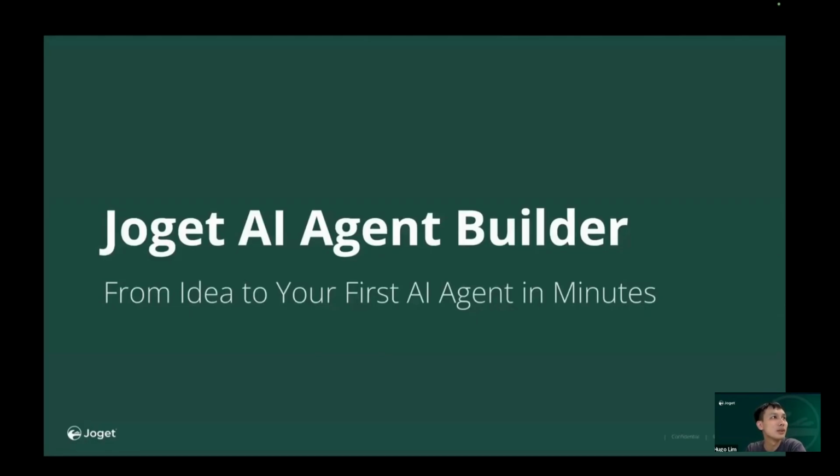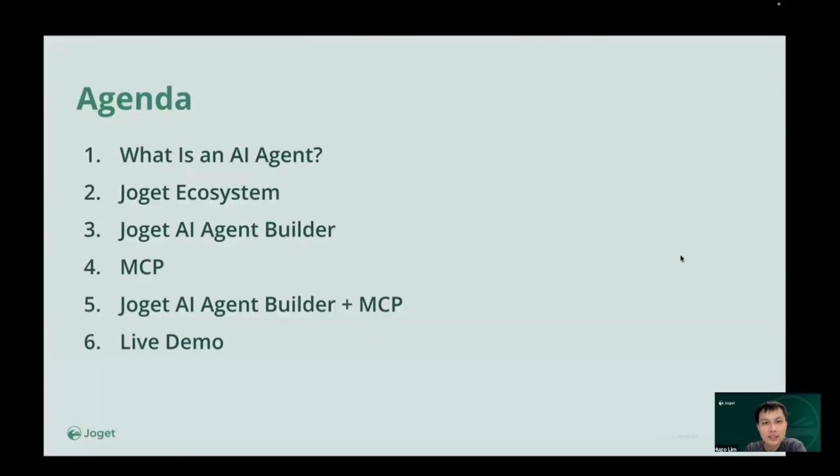So let's get started. We are going to take a deep dive into Joget AI Agent Builder, and here is the agenda, the flow of the presentation that we'll be going through. We will explain very quickly what an AI agent is, and then go into the Joget ecosystem as well as the highlight of the day, the Joget AI Agent Builder, and how it correlates with NCP.